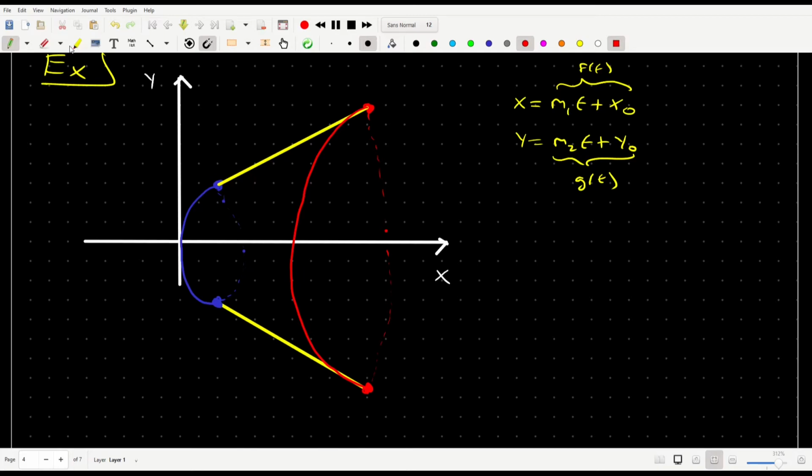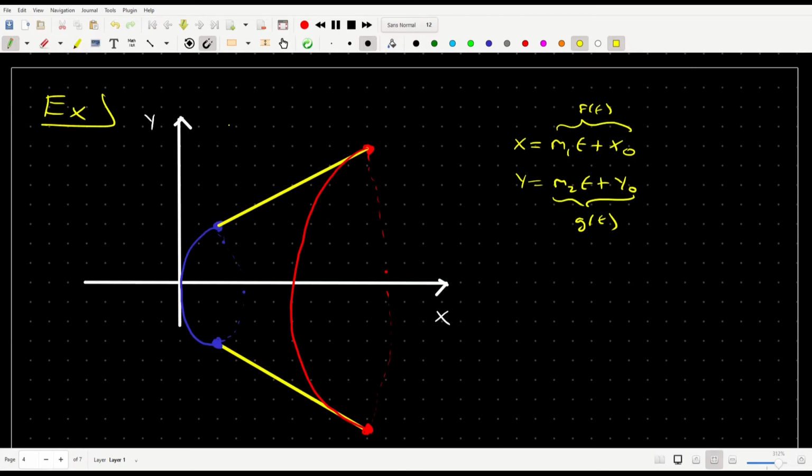This shape is called a frustum of a cone. Really just a segment of a cone.